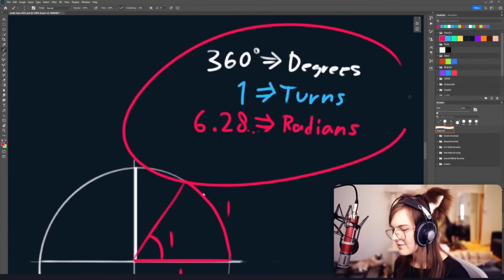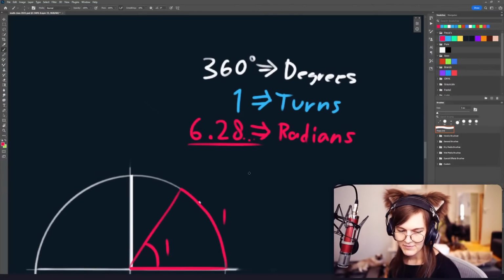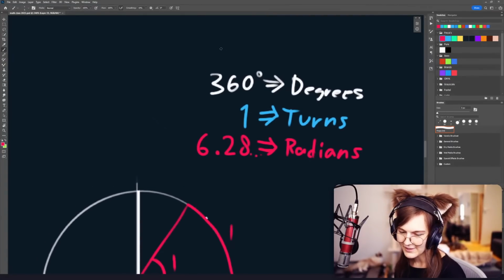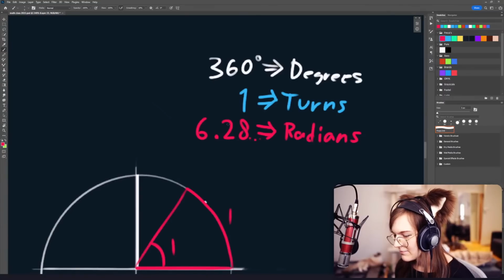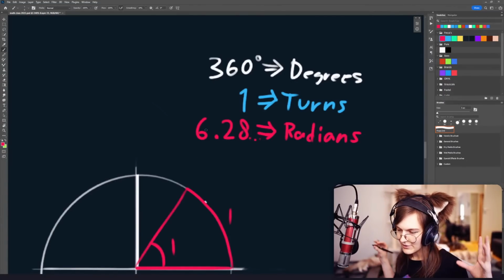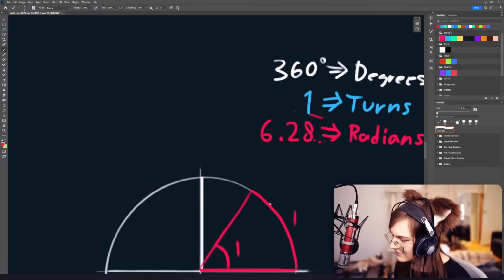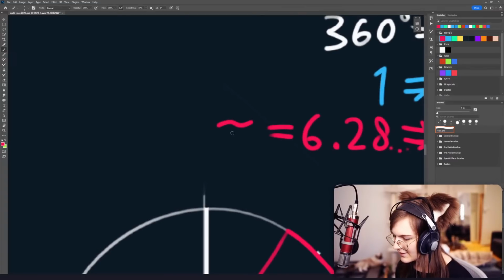So with radians, we have this number, 6 point something, very long, and that is kind of unwieldy to work with, right? 360 is kind of nice because I remember that number, but this number with an infinite number of decimals is kind of shitty, right? But this number actually does have a name, and usually we call that tau.